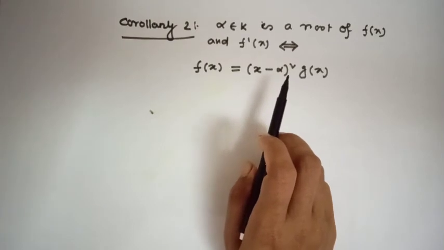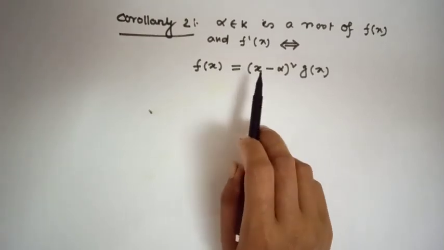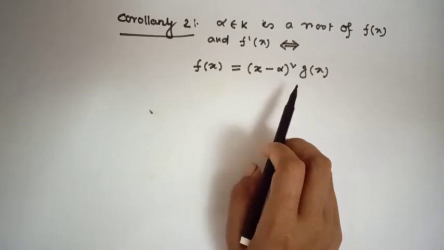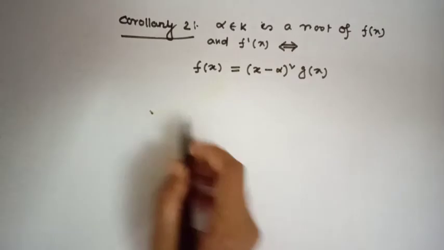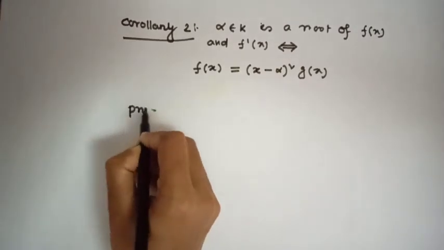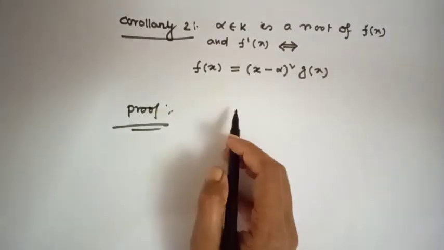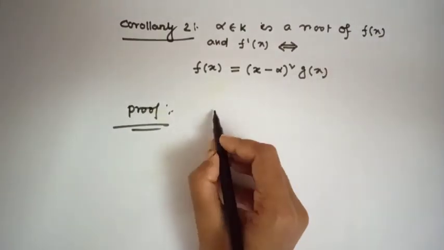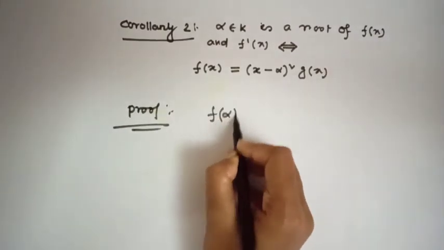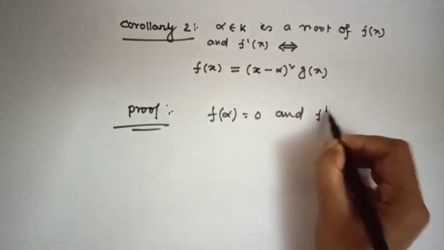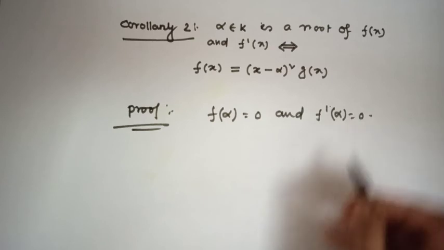Okay, that means in other words it is a root of multiplicity 2. Okay, let's see the proof. Since alpha is a root of f(x), f(alpha) equals 0 and f prime(alpha) equals 0.